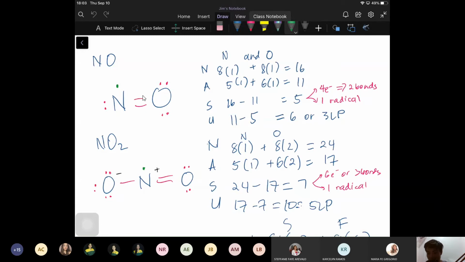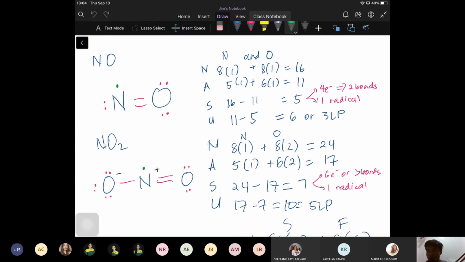Kanino madalas? Kay nitrogen. What do we know about radicals? These are highly reactive molecules. They can cause cancers, no? That's why we are advised to eat gulay. Our gulay, mga prutas, no? They have molecules that destroy radicals.